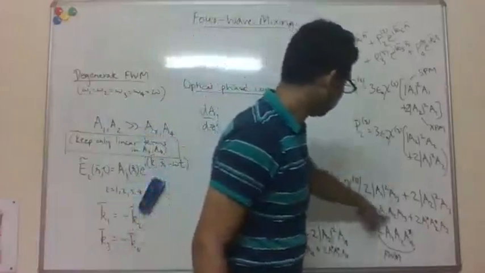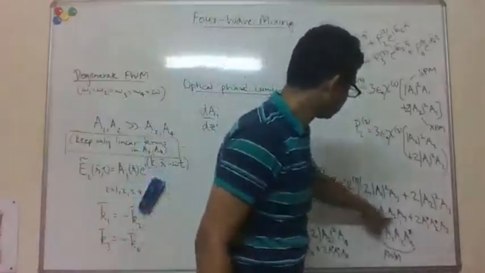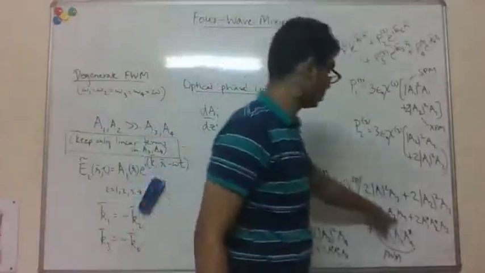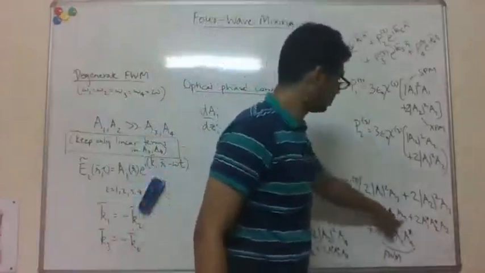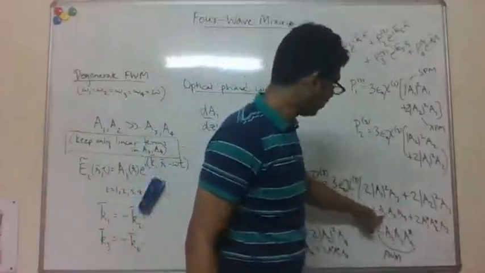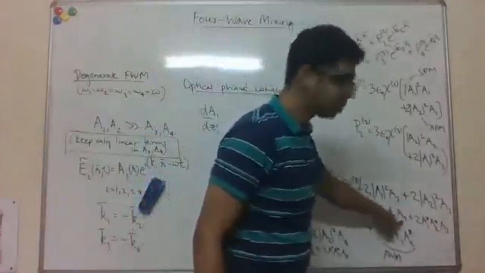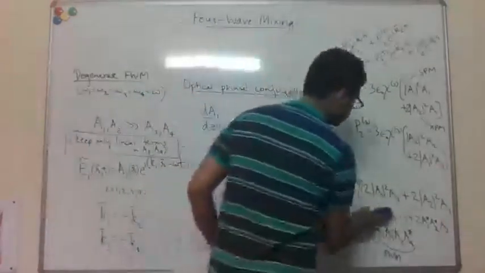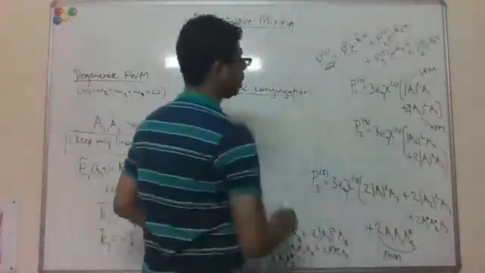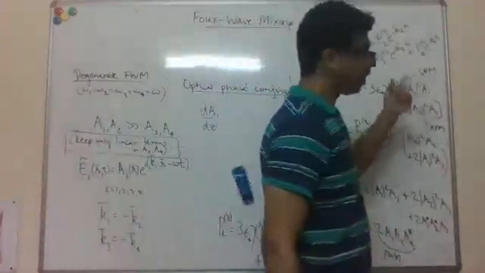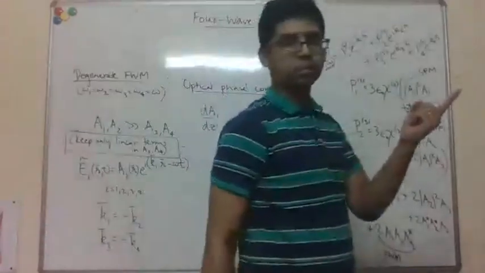A1, A2, A3 actually gives me frequency 3 omega, because each of them will give me e to the i omega t, i omega t, i omega t. So 3 omega. So this term should not be there. That's why we can only have one conjugate term.